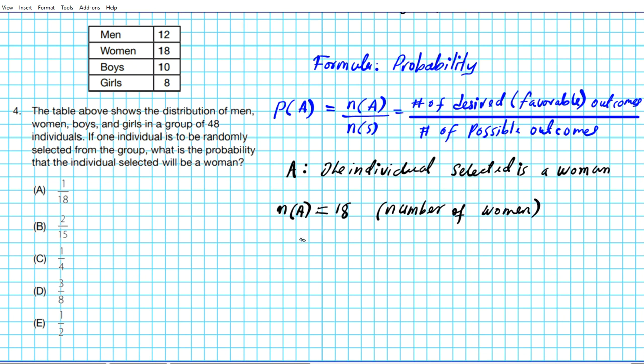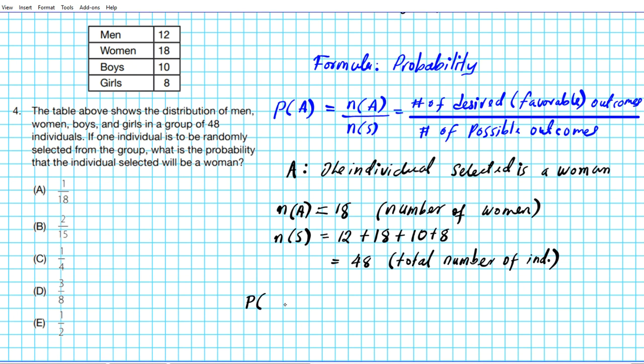And then n of S, the number of the sample space, represents the total number of individuals. Okay, so that's 12 plus 18 plus 10 plus 8, which is equal to 48. Alright, so this is the total number of individuals. Alright, we're ready to compute the probability.